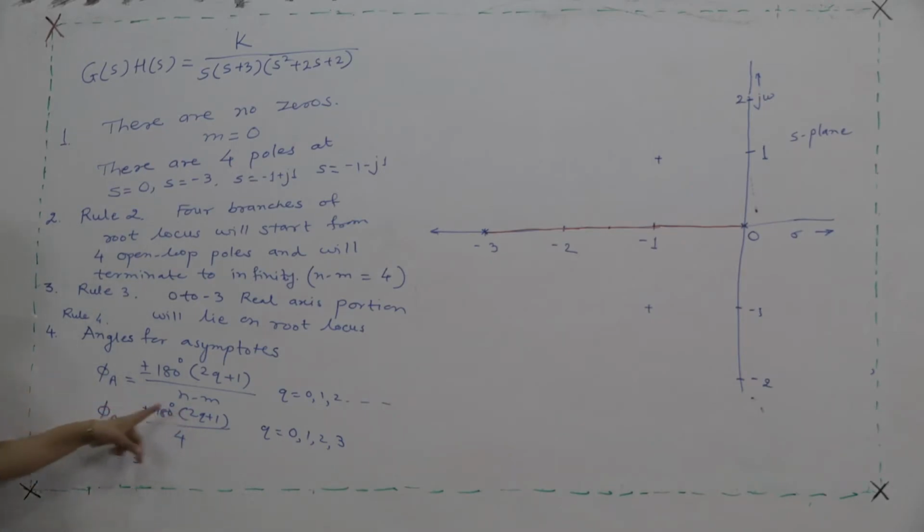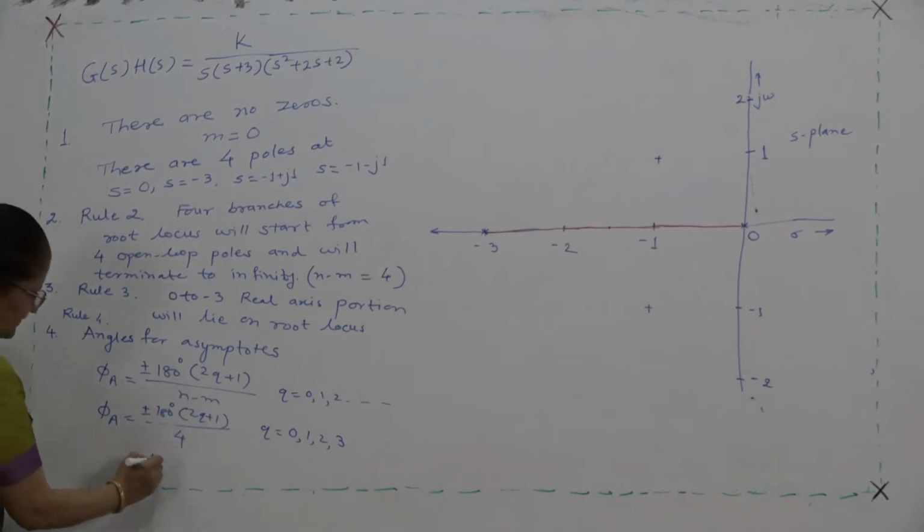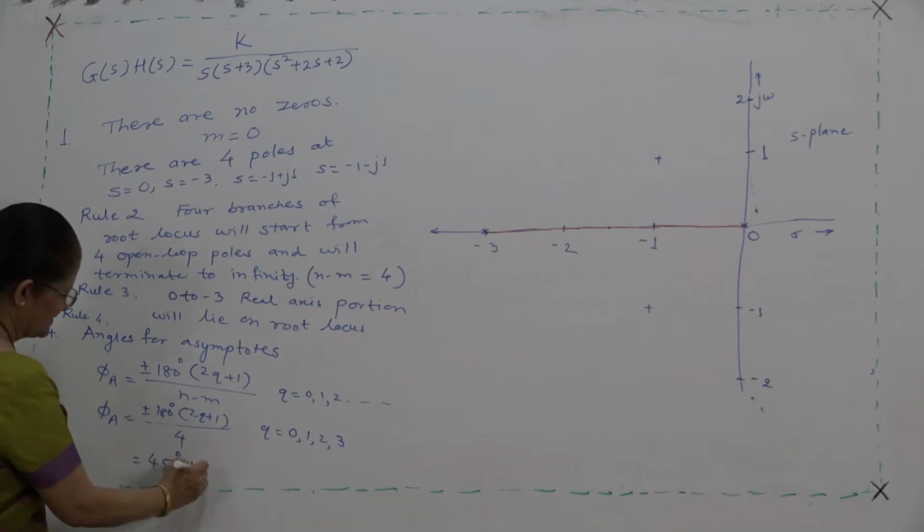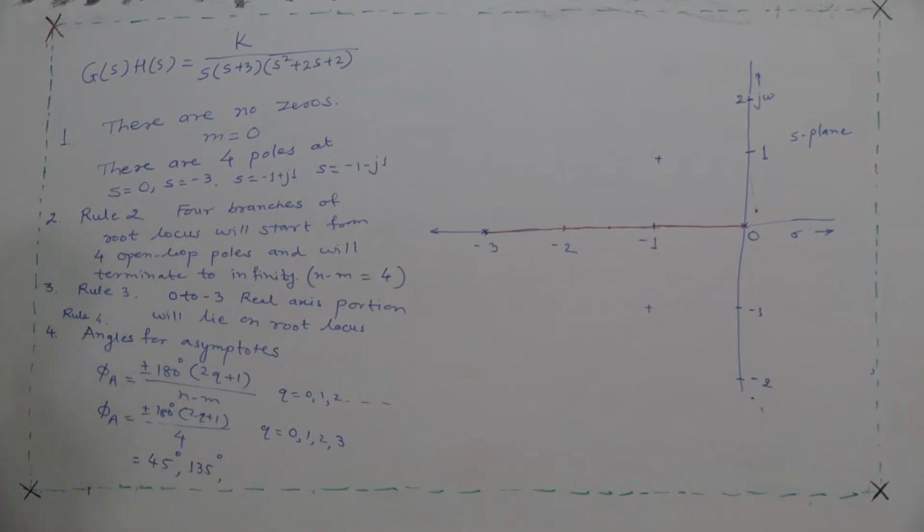When q is 0, it is 180 by 4, so it is 45 degrees. Consider q is equal to 1. So, 3 multiply 45 by 3, you will get 135.